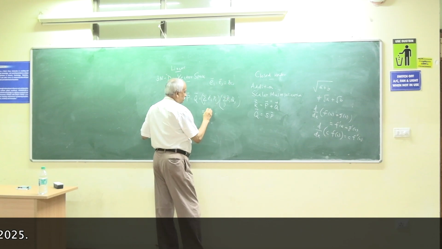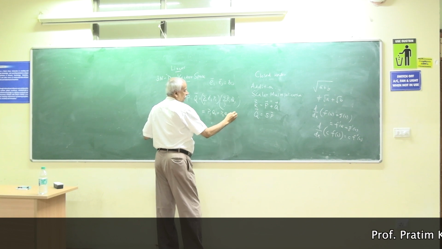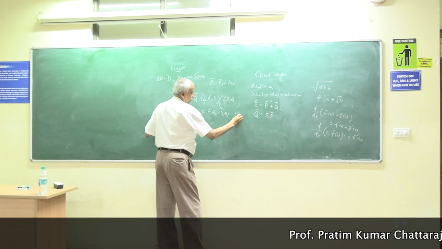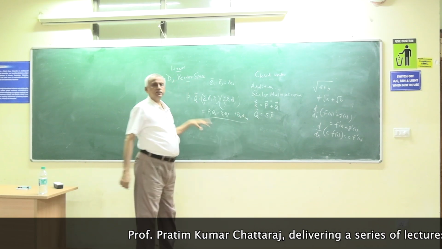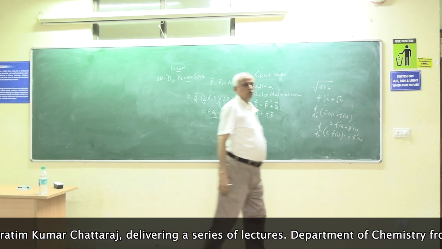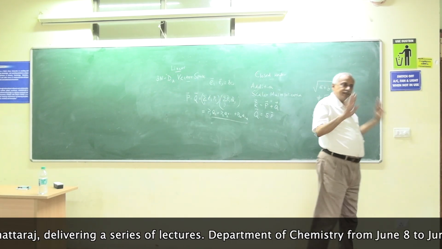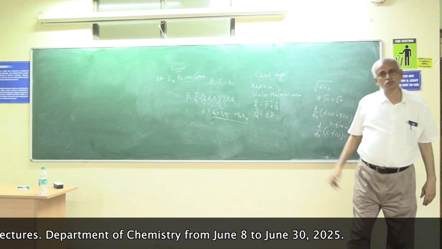So ultimately, what do we get? P1 Q1 plus P2 Q2 up to P3n Q3n. That is the standard scalar product definition you learn from school. But now you can see that the orthonormality of the base vectors gives the same result. Do you follow this one?